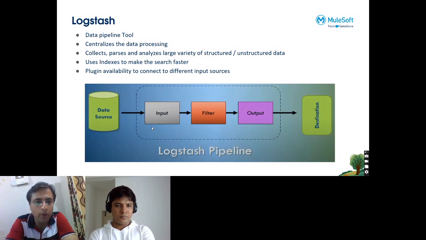Input is what we get from the data sources. If we want to apply any filters, we do that in the filter. And finally, the output is where we want to send the filtered output. Here, we send the filtered output to Elasticsearch.